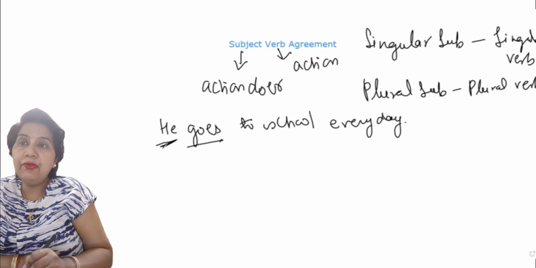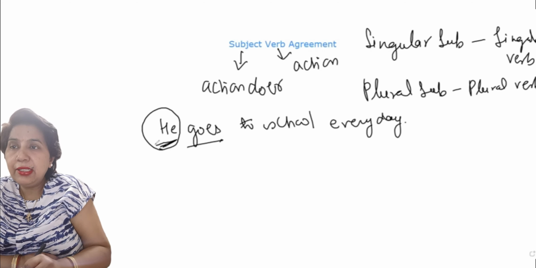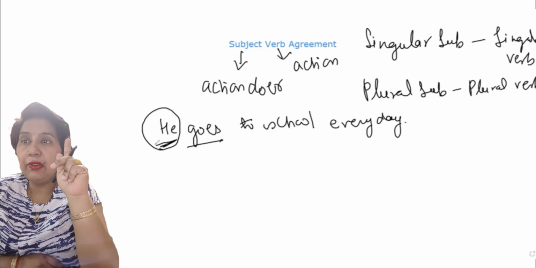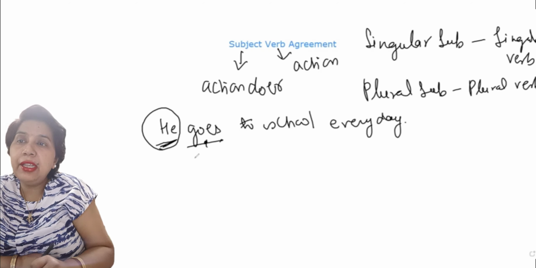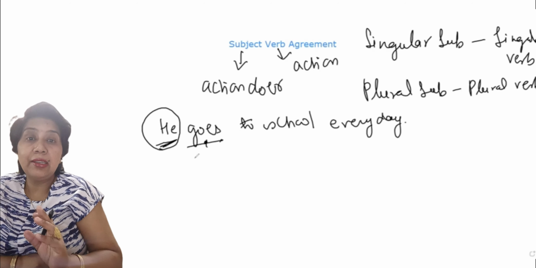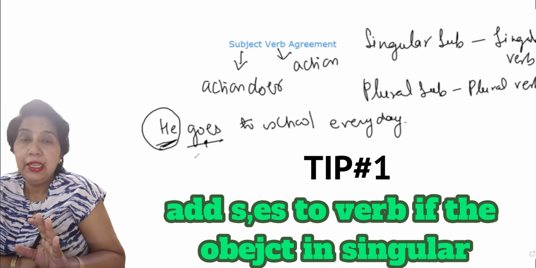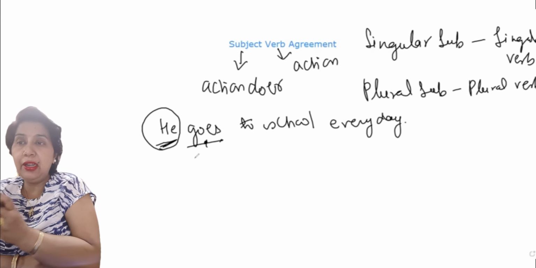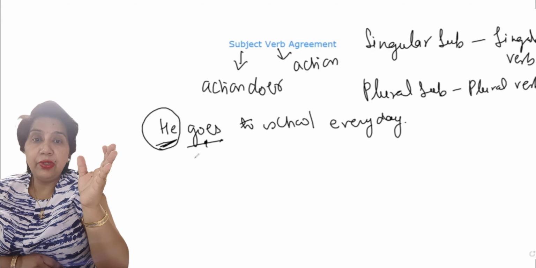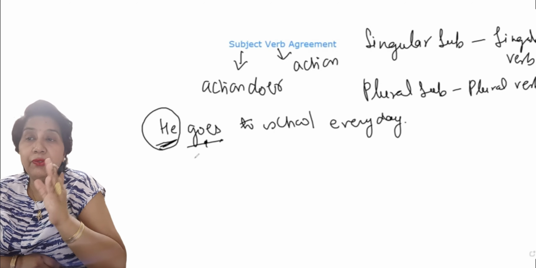Goes is the verb. Since the subject is singular, he is a singular subject, right? So what we do is we add s or es to the verb. This is how this tense is used. This is the simple present tense, and in this tense, whenever the subject is singular, we add s or es to the verb. So this is how the verb is used.